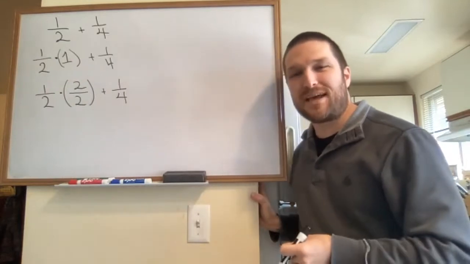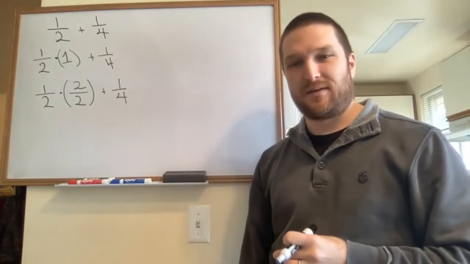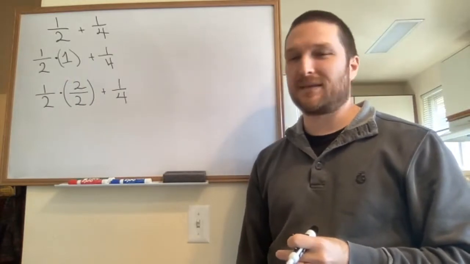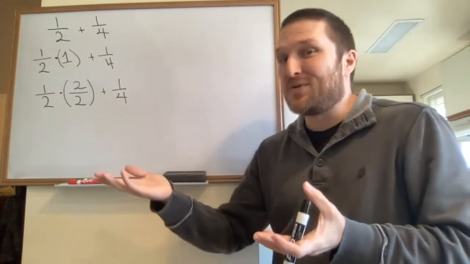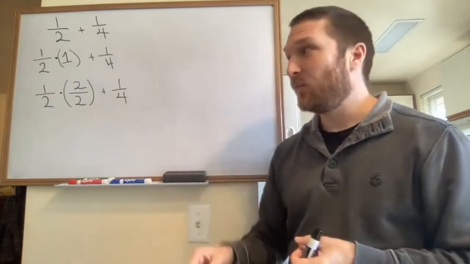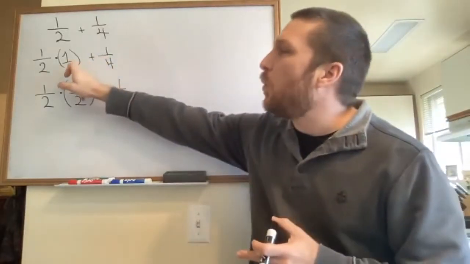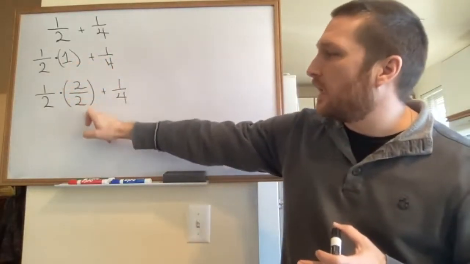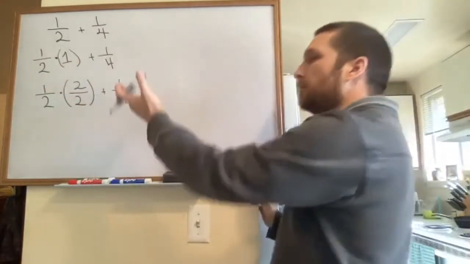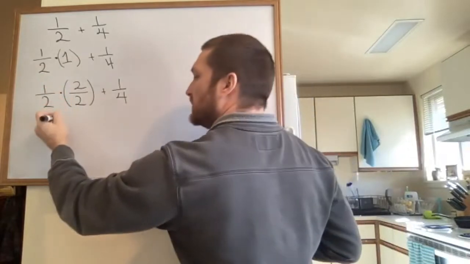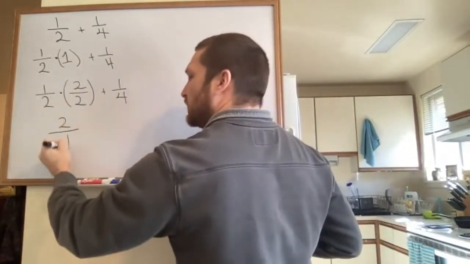You might stop and say, that's stupid. Why would you multiply something by 1? That doesn't do anything. Exactly. We don't want it to do anything. And I could rewrite 1 in a way that helps me out. Because now I could say, well, 1 times 2 is 2. 2 times 2 is 4.